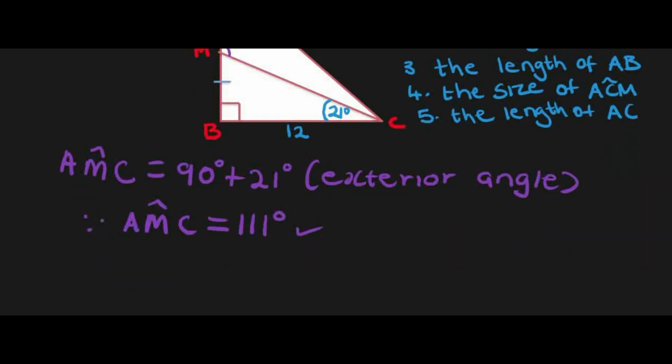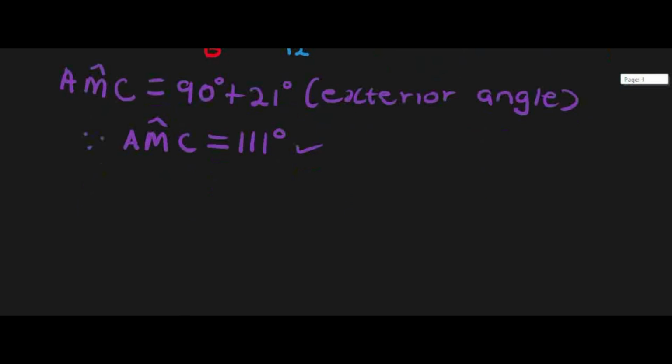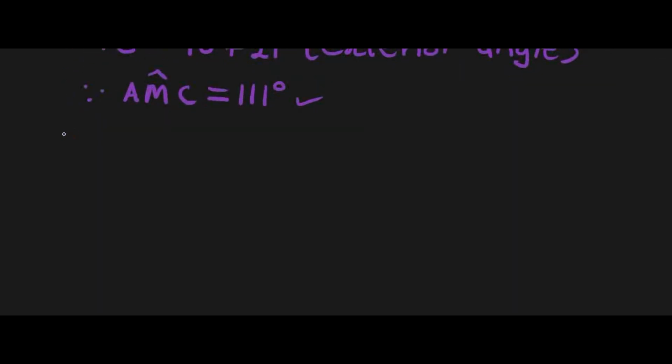Another method of determining this angle is that we can add all the interior angles of this triangle, which means here we can say 90 degrees plus 21 degrees plus angle BMC is equal to 180 degrees.